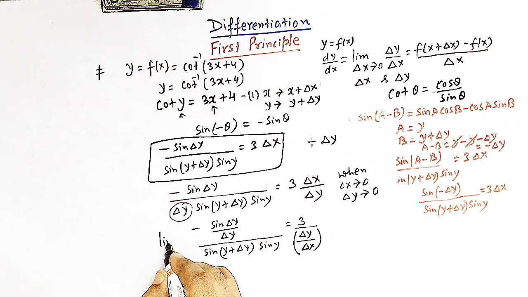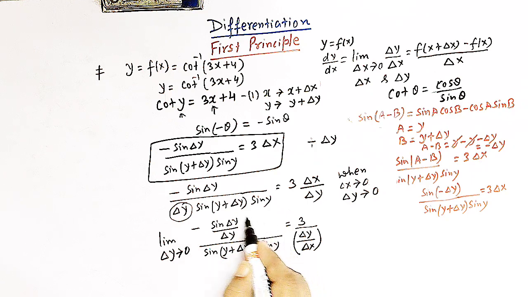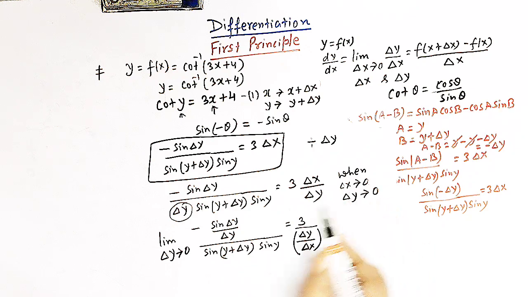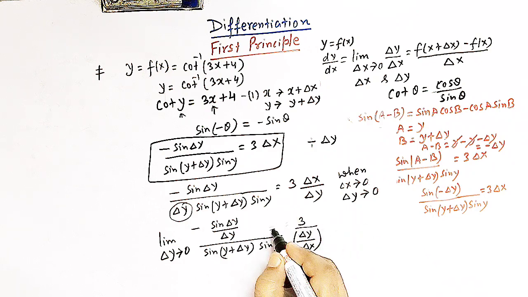So taking the limit here, delta y tends to 0, because here all the terms are in terms of y. So if we take the limit delta x tends to 0 on both sides, then here the limit delta x tends to 0 can be replaced by delta y tends to 0, and here we can now write limit delta x tends to 0, right?